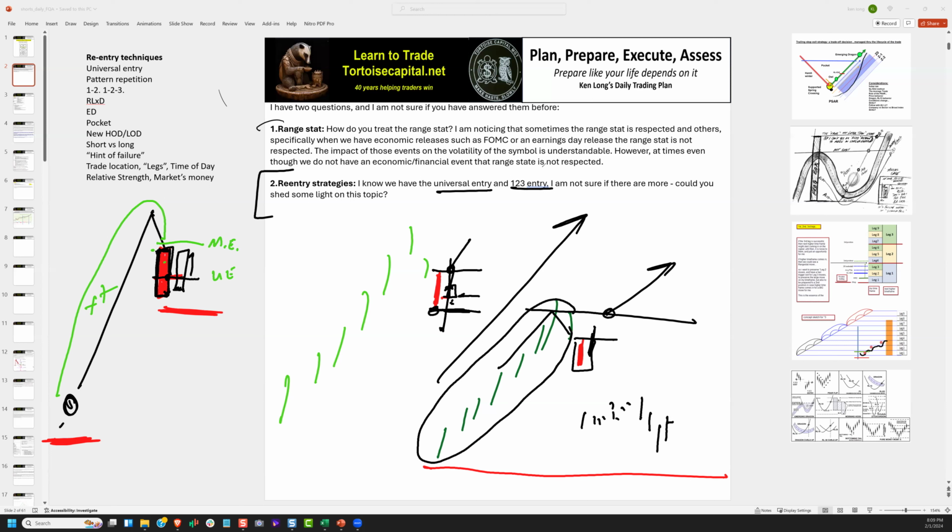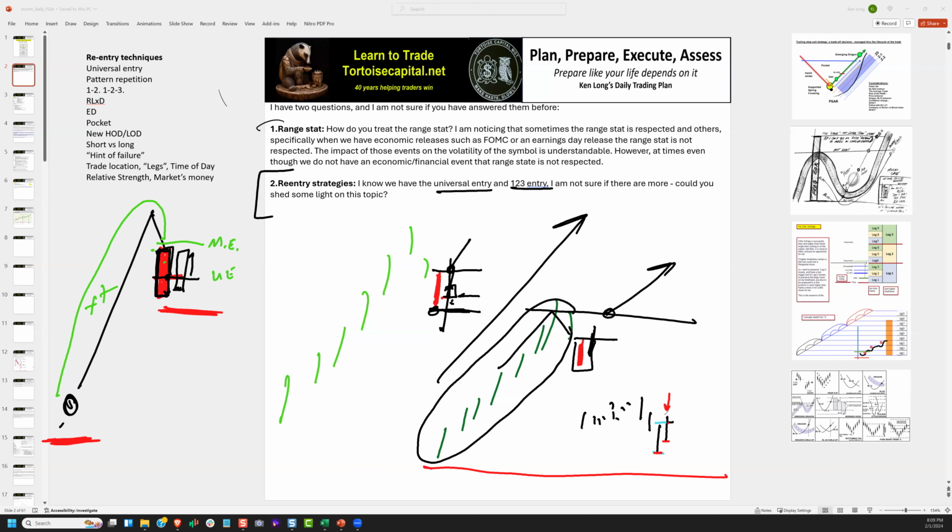When it closes, it had to be higher than the high. It had to have some price action above the previous bar, and the low of this bar has to be higher than the low of that bar. You don't know if this is bar 1 and 2 until this bar closes. It's a tentative bar 2 until it closes.